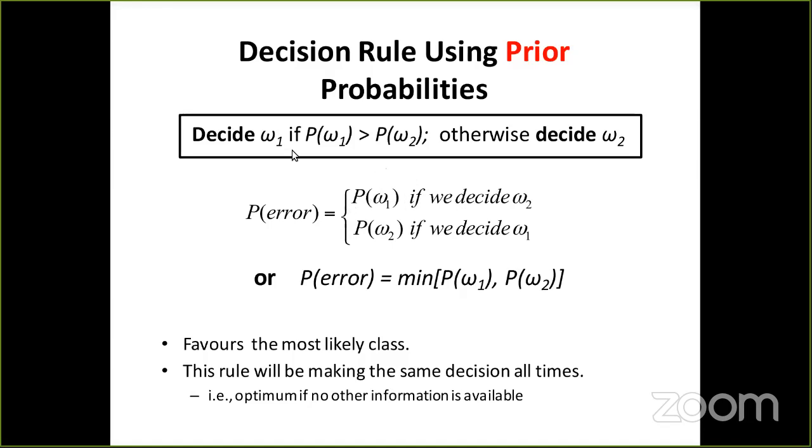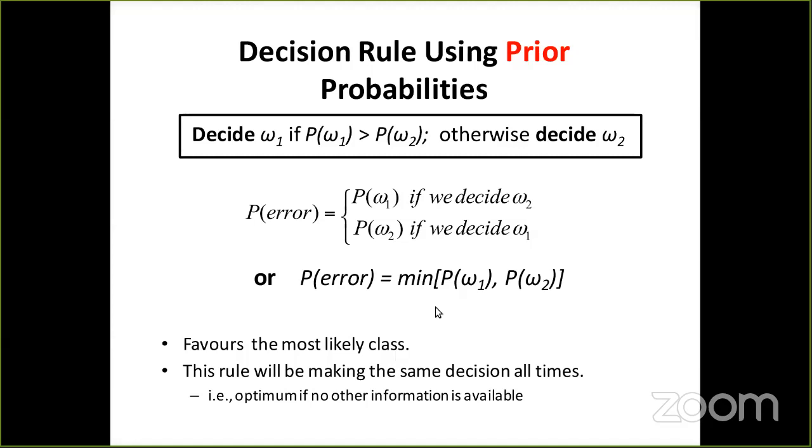Now, if we take our decision based on this rule, our probability of error will be the minimum among p of omega 1 and p of omega 2. This is because we are always taking the larger value, so whichever is the smaller will give us the probability of error. This kind of decision making favors the most likely class, and it will give the same decision at all times.